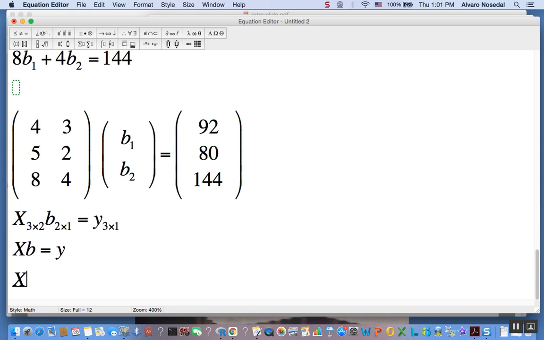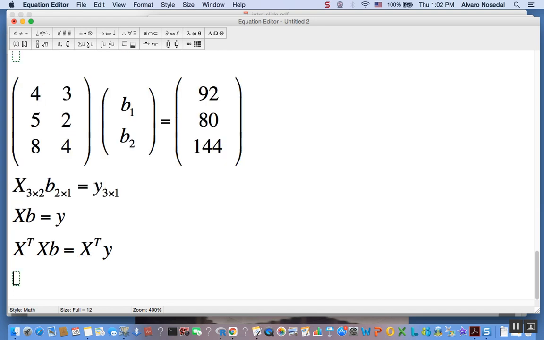So X transpose Xb equals X transpose y. First, note that X transpose is going to be 2 by 3.